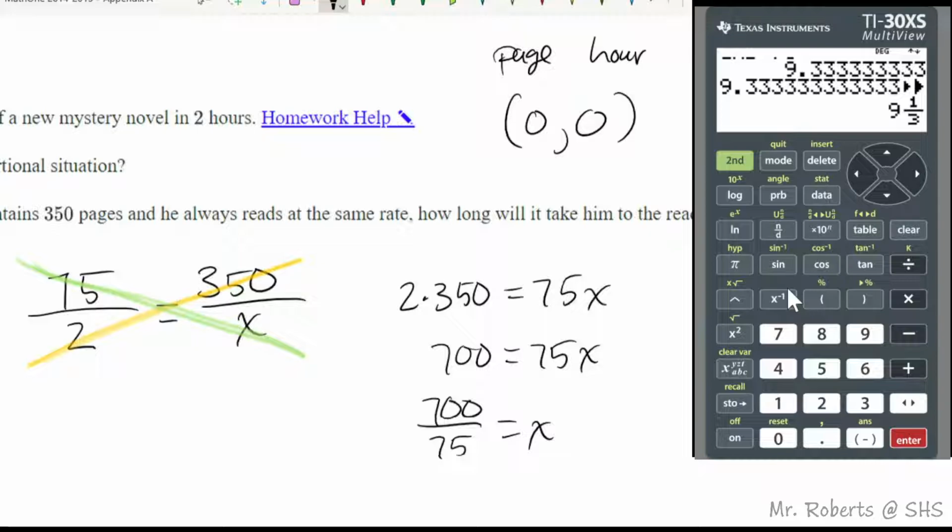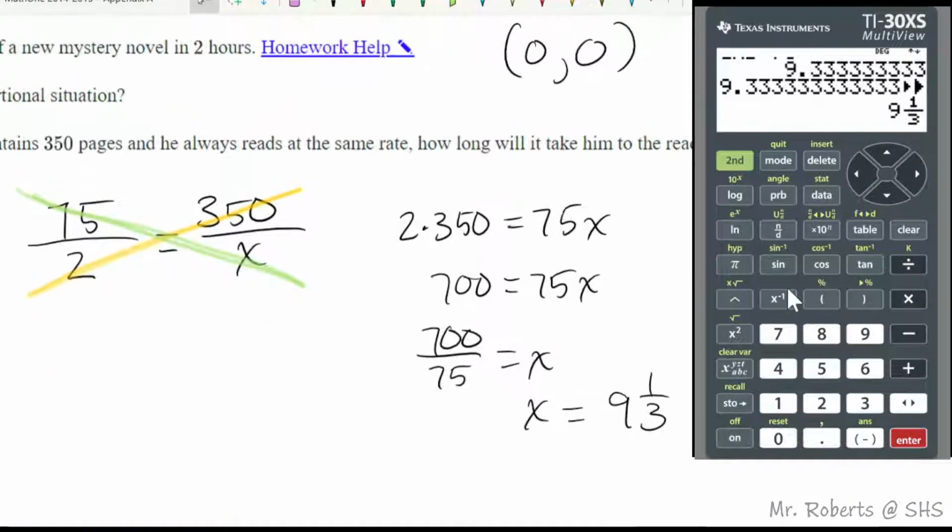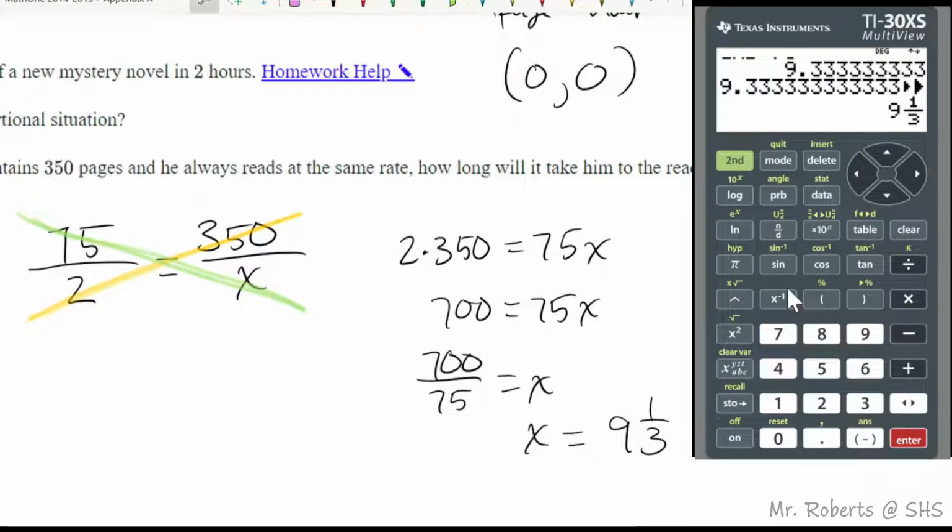Let's just write this. x is 9 and 1/3 hours. And if I wanted to, a third of an hour, if you think about this, an hour is 60 minutes. A third of that's 20 minutes. So I could say 9 hours and 20 minutes.